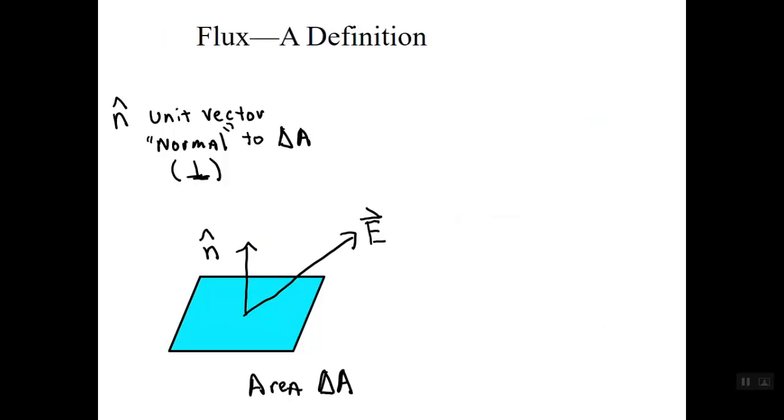We're going to use these same math operations now to introduce the concept of flux for some vector E defined on the surface area delta A. The quantity vector E dot n hat times delta A is called the flux. We often use the Greek letter capital phi to represent the flux.